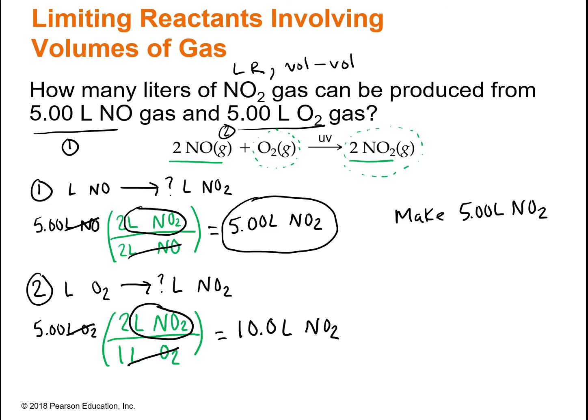If we had to say which reactant was limiting, it would be the nitrogen monoxide. Again, that's not part of this question, but I'm throwing it in there just so that you can practice and you can identify which reactant is the limiting reactant.